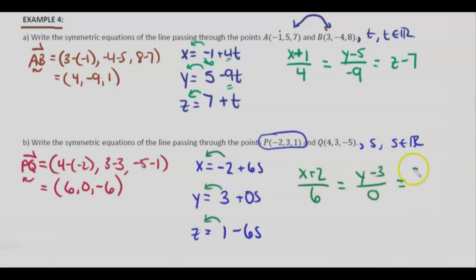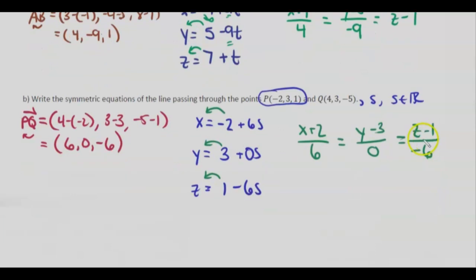And we're going to have z minus 1 over -6. Okay, so when we take a look at this, we cannot write this part of the symmetric equation over 0. Okay, this is a special case. So we're going to go ahead and write the first symmetric equation like x plus 2 over 6, and then z minus 1 over -6. Okay, we're going to go ahead and do that. Then we're going to deal with this afterwards.